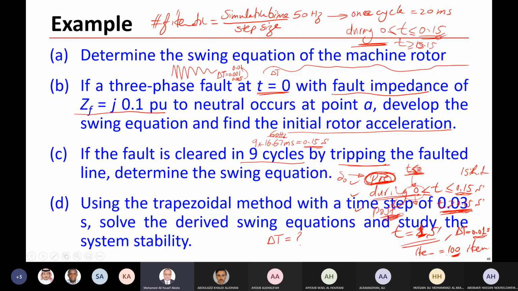But you can start with a very small value, or you can start with a very high value. Let us say, if you start with 0.001, or even if you start with delta t equal to 0.1, for example, and then you find out that the system diverges.